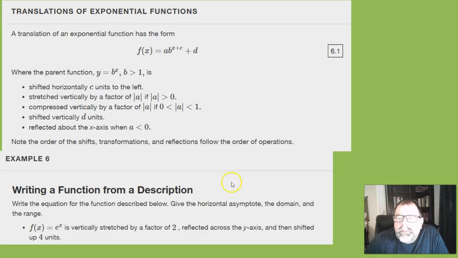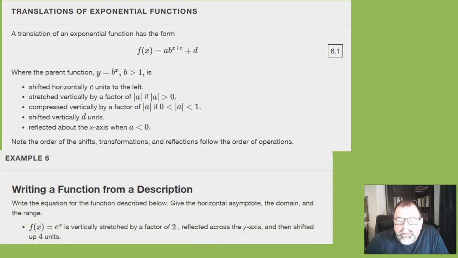So g of x is going to be 2 times e to the x, then reflected across the y-axis. So that's going to change the x to negative x. And then shift it up 4 units. So that's the plus 4 outside here. Okay, and then that's pretty much it.